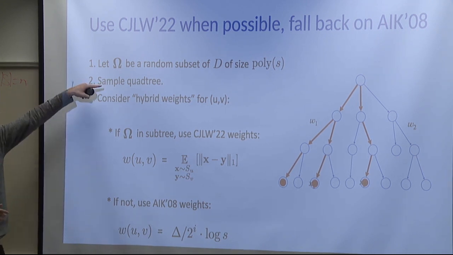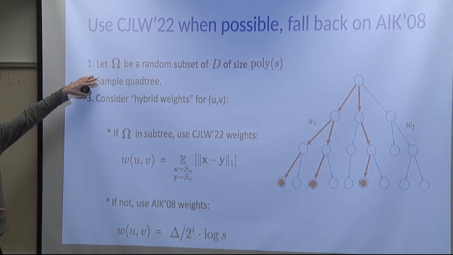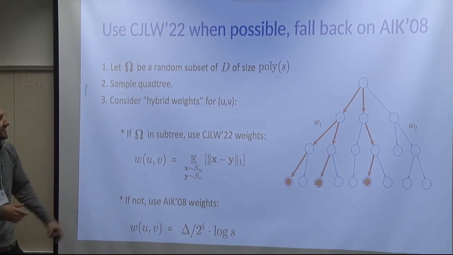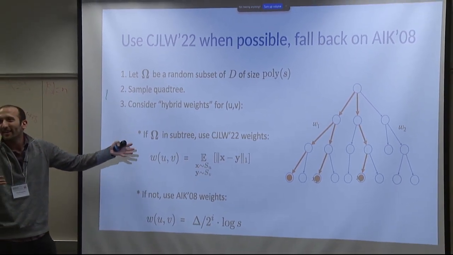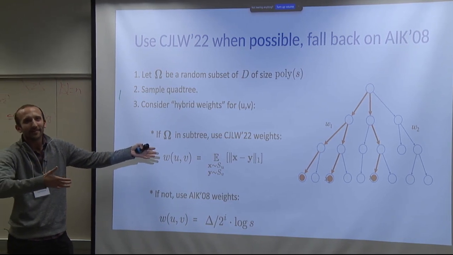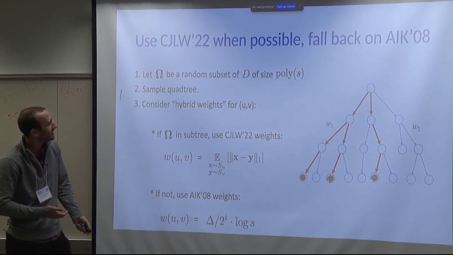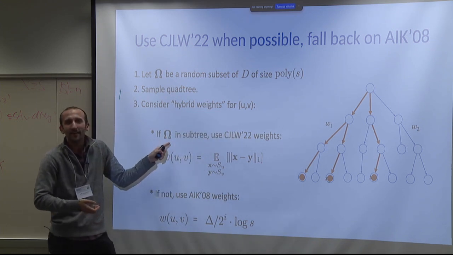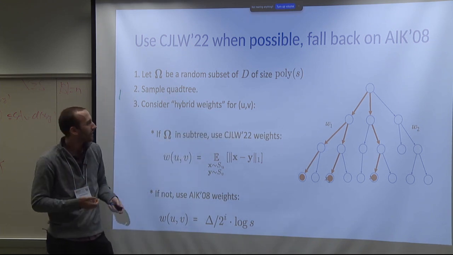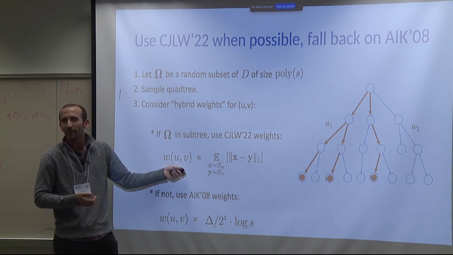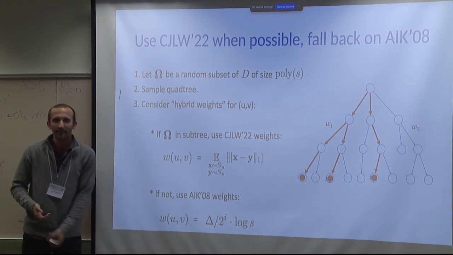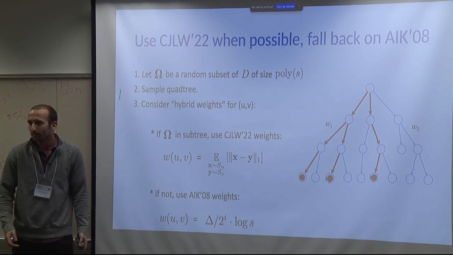And I'm going to build this data-dependent probabilistic tree with respect to that subset omega. And essentially, I'm just going to check if my weights make sense, I'm going to use those weights. So if I'm on a particular node and there's some point that I sampled in my subtree, then I use the weights from CJLW. And if not, well, okay, I just fall back on the weights from Andoni and the Krauthgamer. Okay?